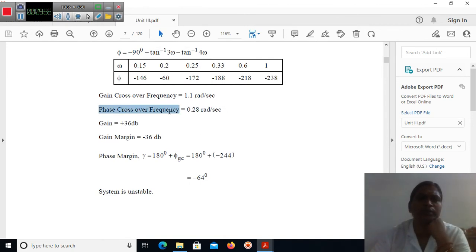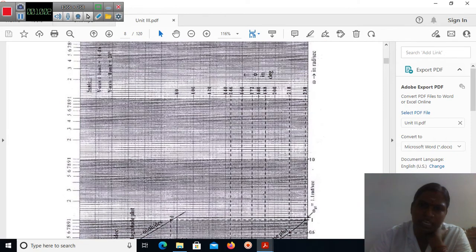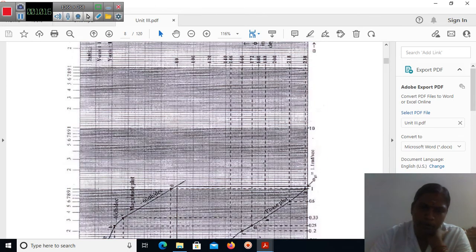Similarly, we have to find the phase crossover frequency. We have to draw the minus 180 degree line. Here minus 120, 140, 160, it is the minus 180 degree line. We draw the minus 180 degree line and it cuts the magnitude plot.